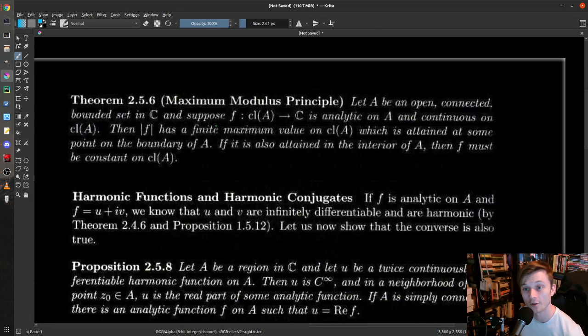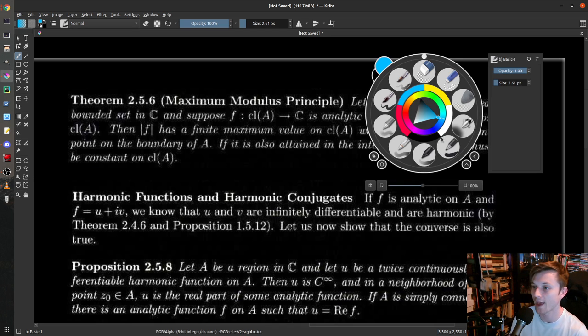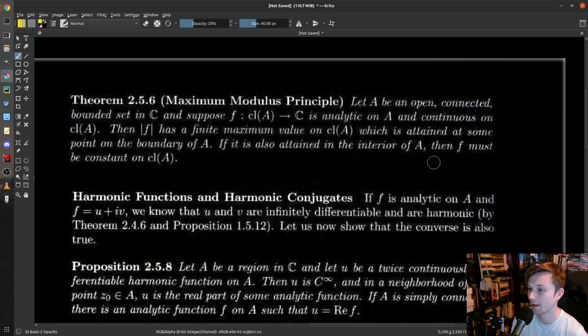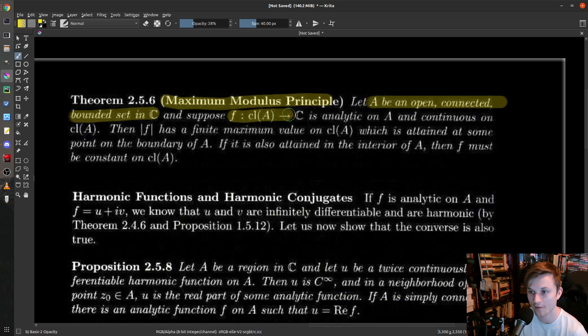In particular, the maximum modulus principle in general. So if we have A, I'm going to get a highlighter out. This is the maximum modulus principle, the non-local version. So if you have A, an open set, connected, bounded in the complex plane, and f, a function from the closure of A into the complex plane that's analytic on A and continuous on its closure.